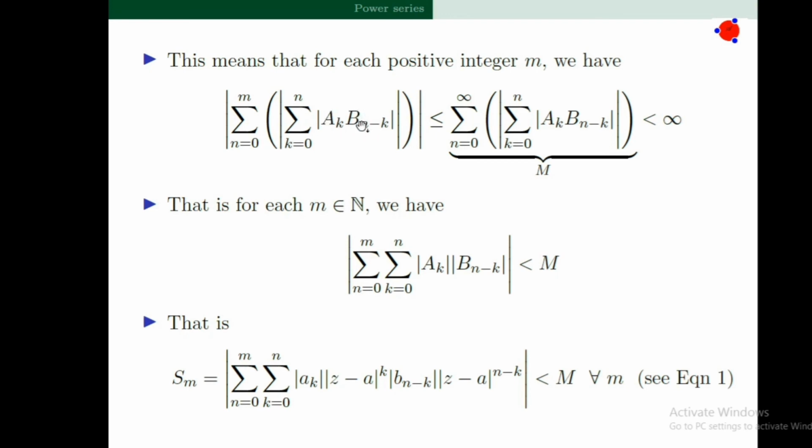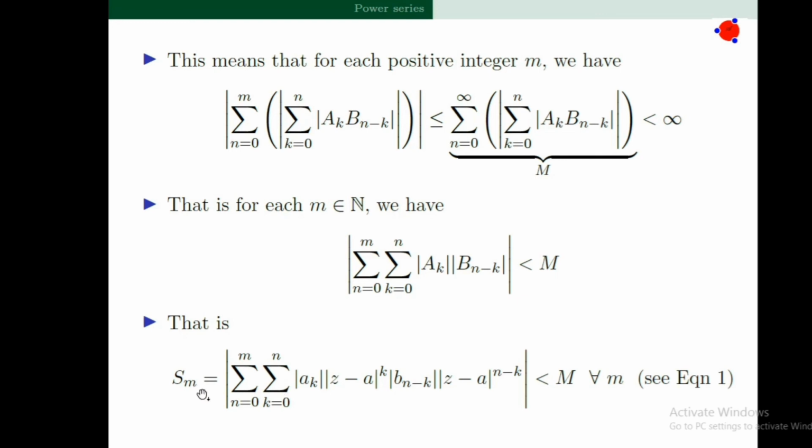Each term is always positive. Therefore, this modulus is not necessary. That is, for each m in N, summation n equal to 0 to m, k equal to 0 to n of mod ak into mod bn minus k is less than or equal to M, and this is finite.